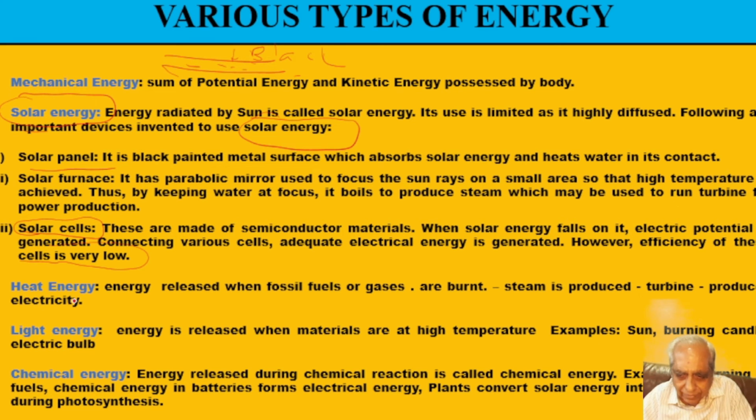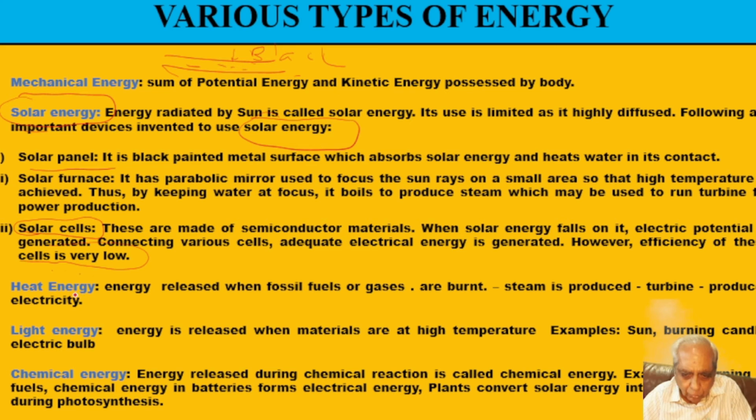Then heat energy. This was very much familiar. When we burn our fossil fuel, steam is produced. Then this steam we are using to run the turbines, and the turbine rotates the armature of a generator, so electricity is produced. So we can produce heat energy either by burning fossil fuel or gases or any liquid oil, or also nuclear fuel.